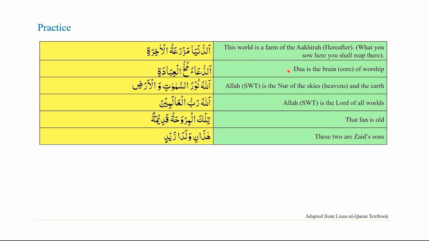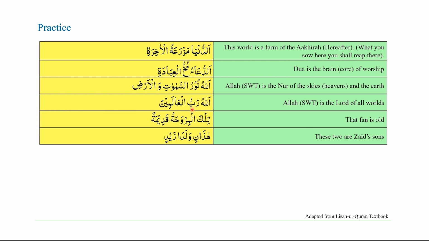Dua is the brain or core of worship. Ad-dua'u mukhul ibadati. Mukhul ibadati is a murakkab izafi and it is being used as khabar. Allah subhanahu wa ta'ala is the noor of the skies and the earth. Allahu noorus samawati wal ardi. Allah subhanahu wa ta'ala is the Lord of all worlds.